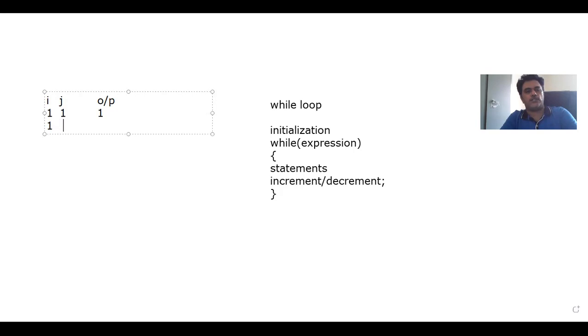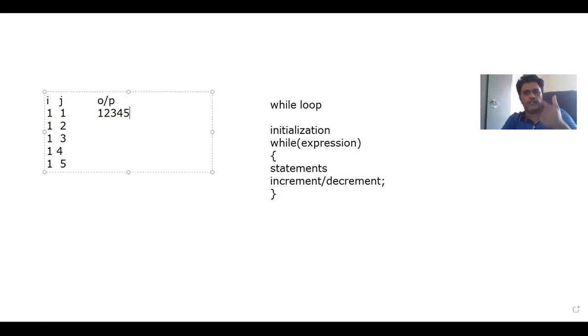Whenever the I value is same, J value is 2, the output is 2. When I value is same and J value is 3, the output is 3. And I equal to same, J equal to 4, then the output is 4 here. And I value is 1, J value is 5, then the output is 5.